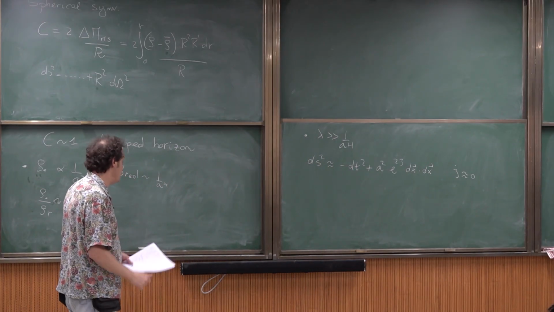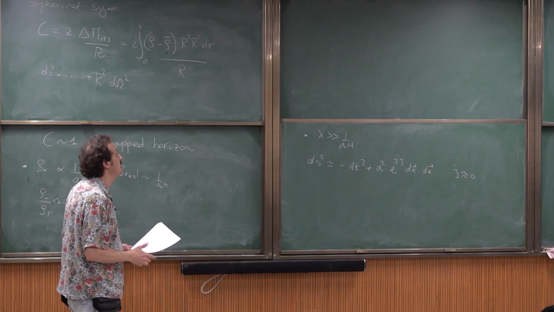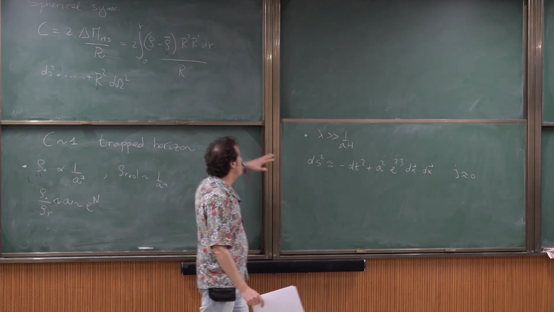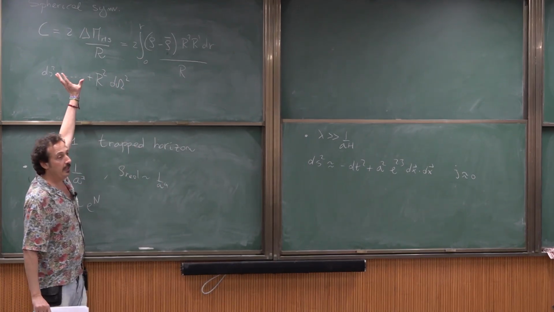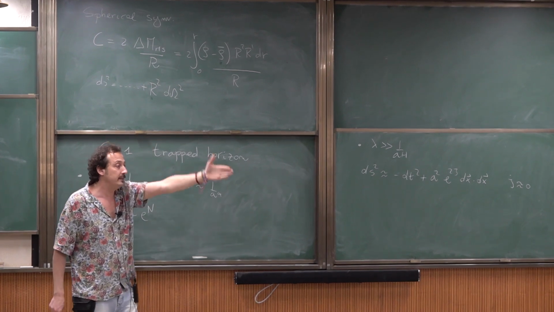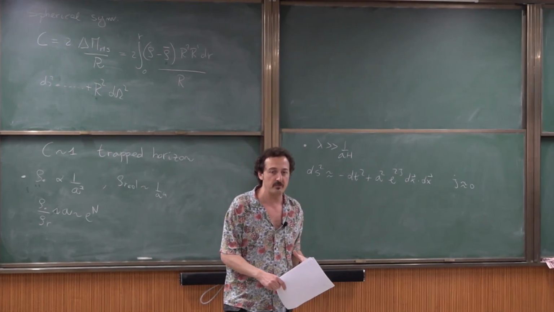So this is the metric that we are going to use, because what we want to give is the initial condition for the compaction function such that at later time this compaction function will become order 1 and will form black holes.